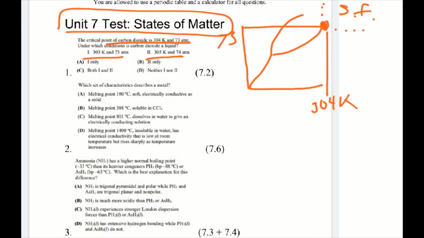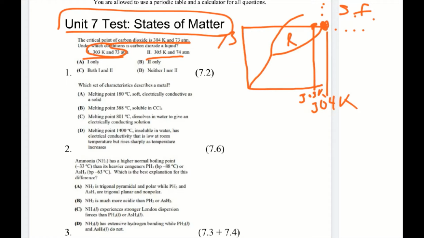So it says which condition is it a liquid? So our liquid is over here, and let's think about this. So the first condition is 303 Kelvin and 73 atms. So isn't that just to the left of the critical point? And that will be 303 Kelvin. And if it's to the left, we clearly see that it's in the liquid. So 1 will be correct.